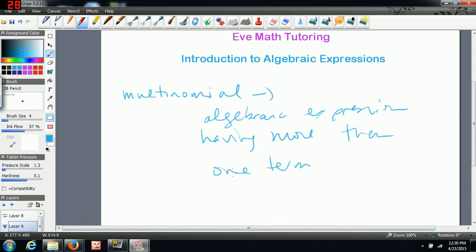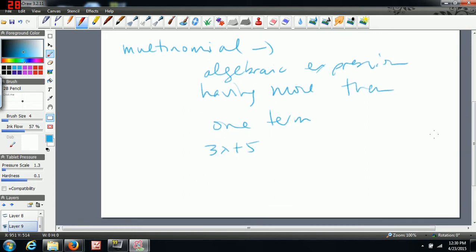Okay? So some examples of multinomials are 3x plus 5, and 3x cubed minus 3x squared plus 7. It's just any algebraic expression having more than one term. Okay?